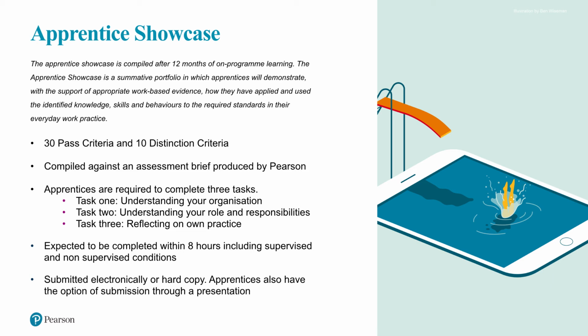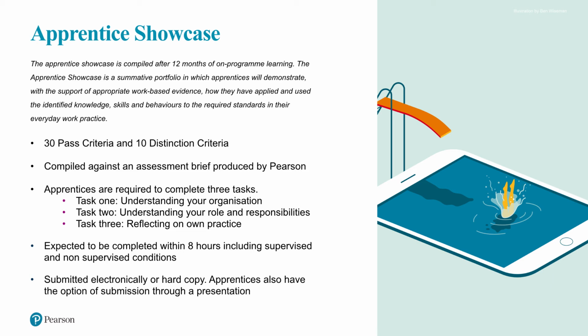How we anticipate this working is that, of course, your apprentices will produce a portfolio over a period of time on programme, but for their apprentice showcase they'll produce an additional piece of evidence and reflect on what they've done during the on-programme phase, and draw across their best pieces of evidence in a summative way during the endpoint assessment phase.